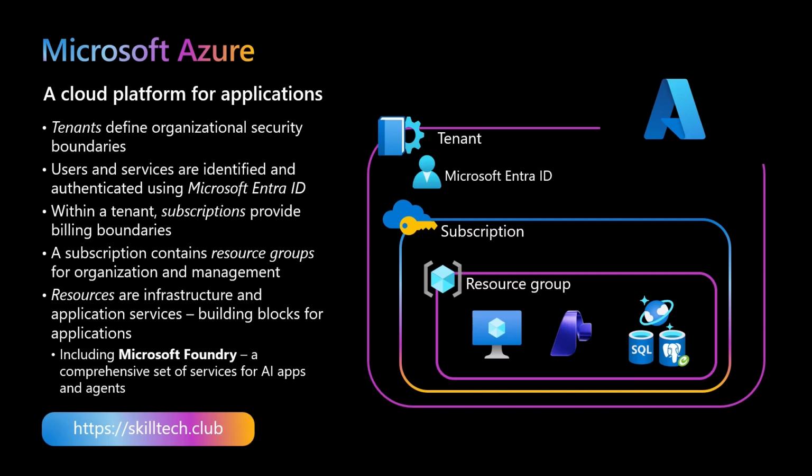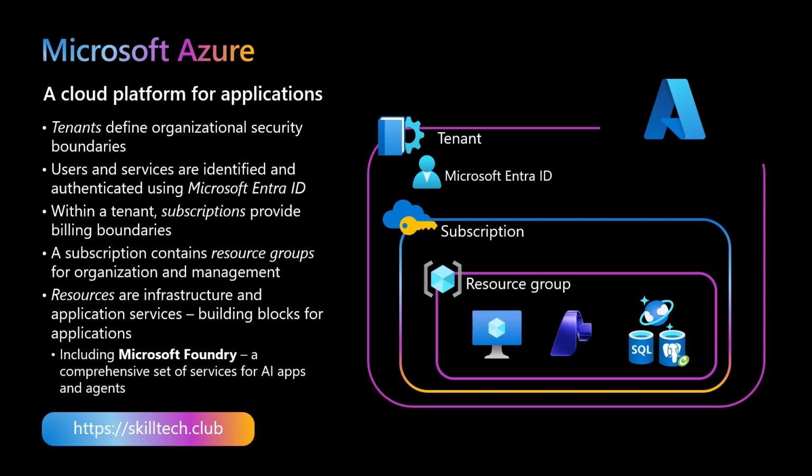As you can see here, a resource group is nothing but a logical boundary, and that logical boundary is going to have multiple resources inside it. Like I'm showing you in the slide, my resource group has one virtual machine, a Microsoft Foundry Project, and some SQL databases and some Cosmos DB databases. One resource group can have multiple resources inside it.